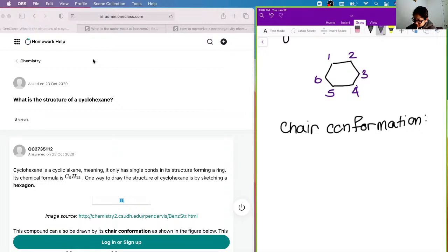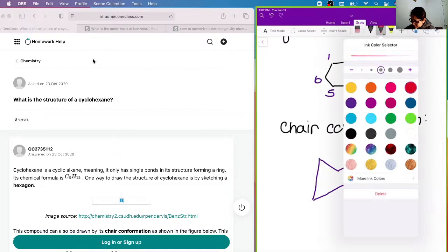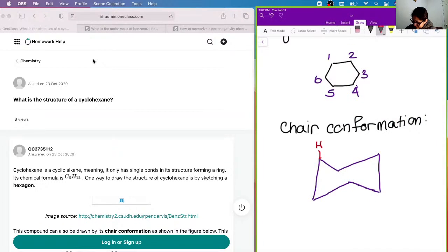And you would have something like this. And you would have your hydrogens. So in this case, I will draw out the hydrogens. Use a different color. Okay, so I'll use all the axial ones in red.